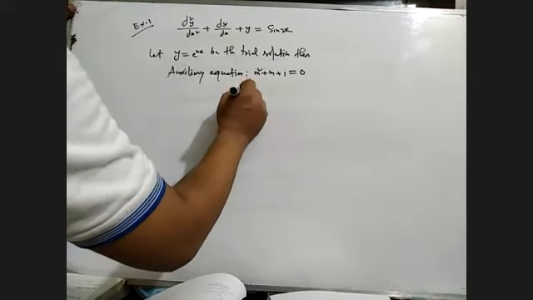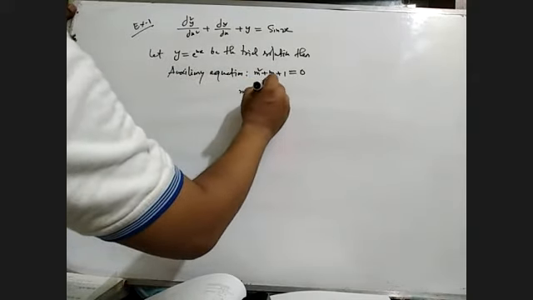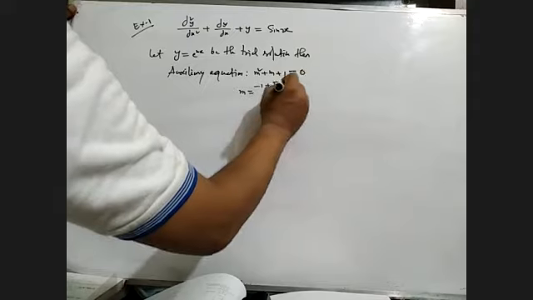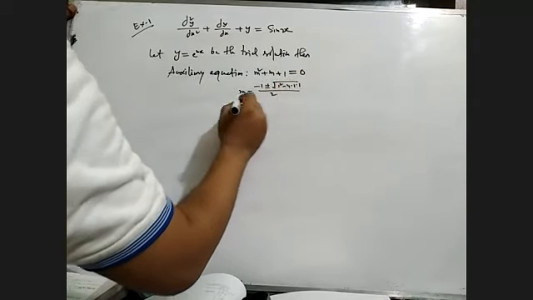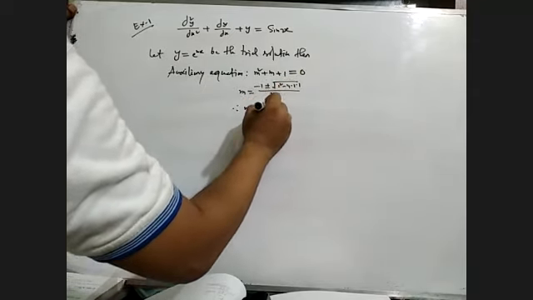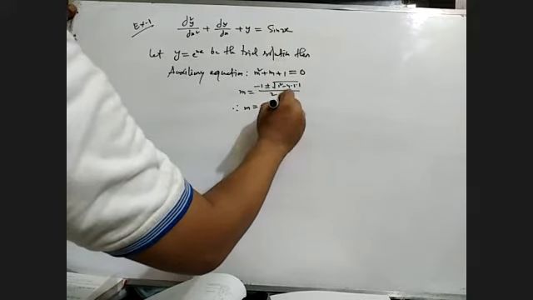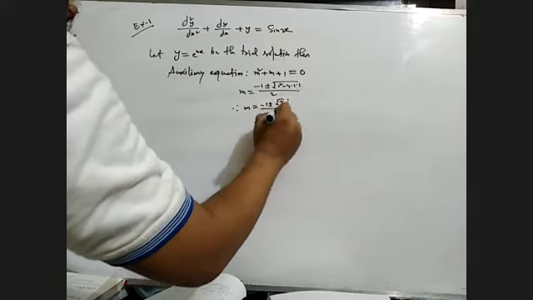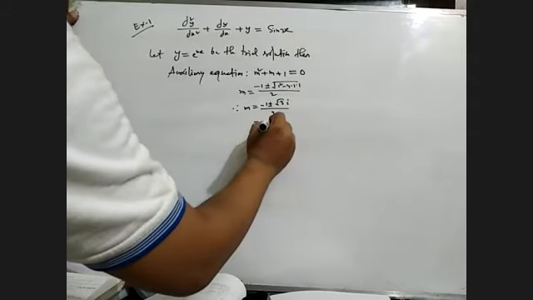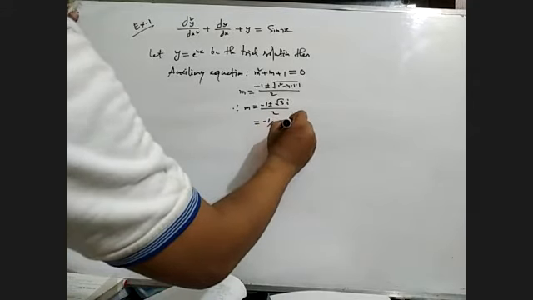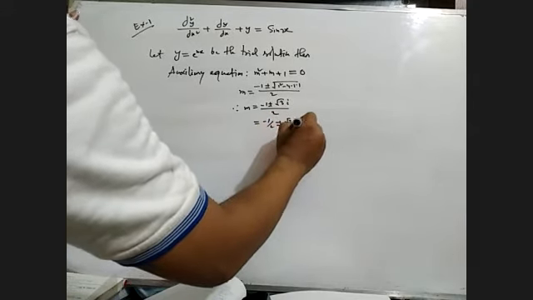Now after solving this using the quadratic formula, with the discriminant b square minus 4ac, m equals minus 1 plus or minus root 3 i, divided by 2. That means we get minus half plus or minus root 3 by 2 i.